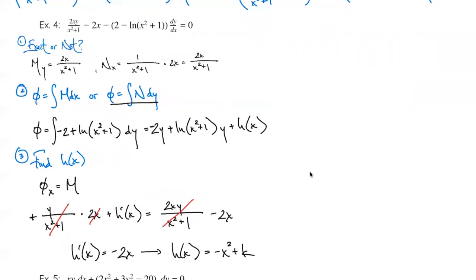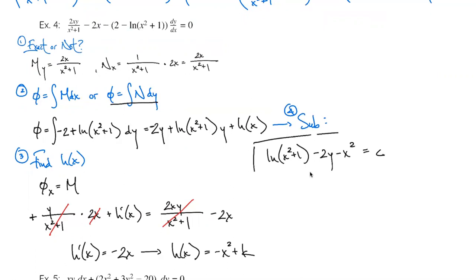Last step, we're going to go back to what we had here in step 2, except everywhere we see an h of x, we're going to put -x squared plus k. And so we'll get natural log of x squared plus 1 minus 2y minus x squared equals c.